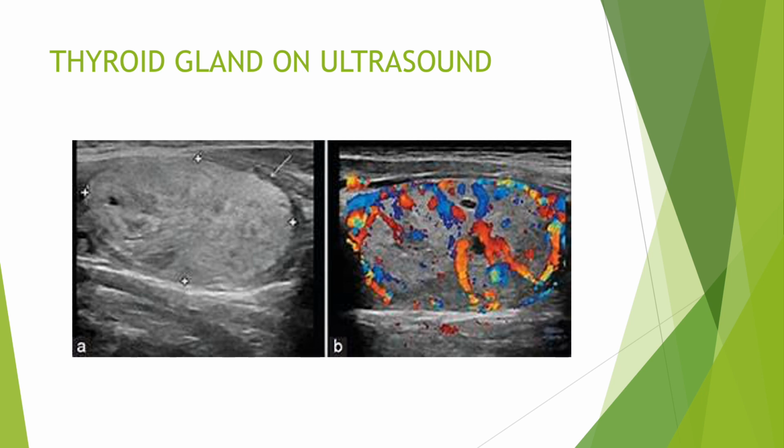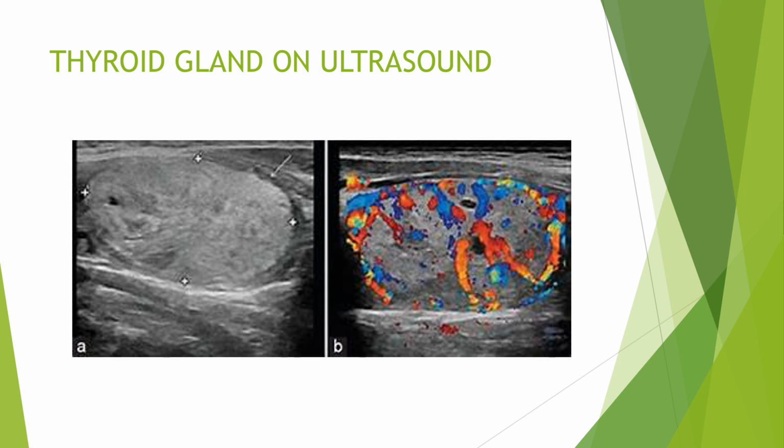So here is a picture of a hyperechoic nodule with abundant color flow on Doppler ultrasound. Vascularity is also assessed when we do ultrasound to check on the function of the nodule.